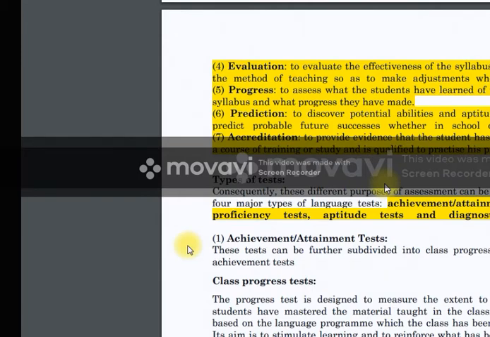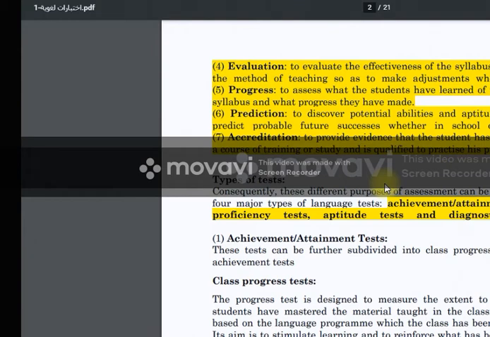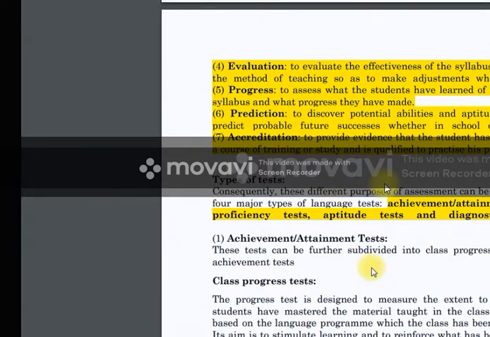For example, let us begin with the first, achievement or attainment tests. I will not give you the definition of this test because it is clear for all of you. As it is named, we design and conduct achievement tests in order to assess students' achievement, between two brackets, performance, at the end of a specific course. Okay, so we are measuring students' achievement.